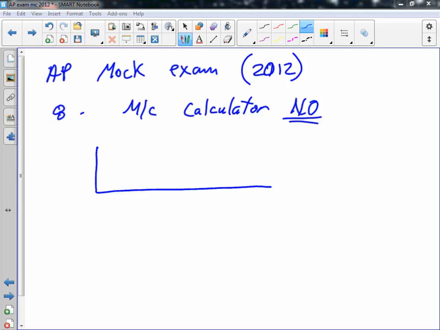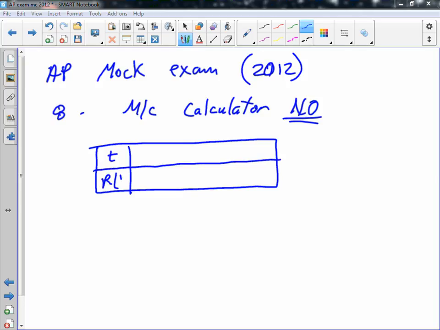Okay, so the first section, multiple choice. It's an oil tank one, and time is in hours, and R of T. So what is R of T? Oil being pumped into the tank. So this is a rate of change problem. Pumped into, so it's going inside the tank at a rate.